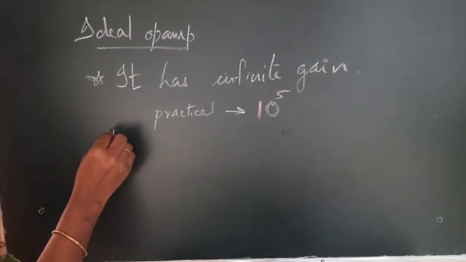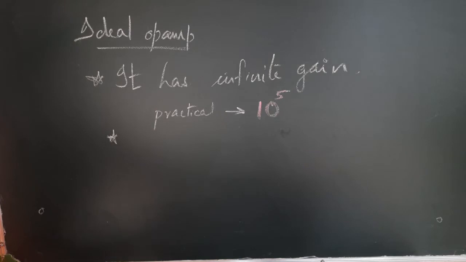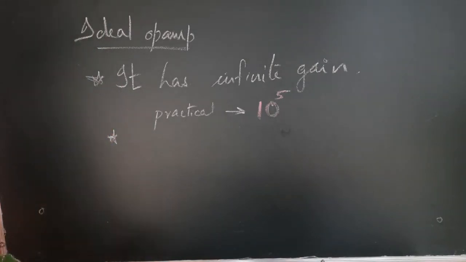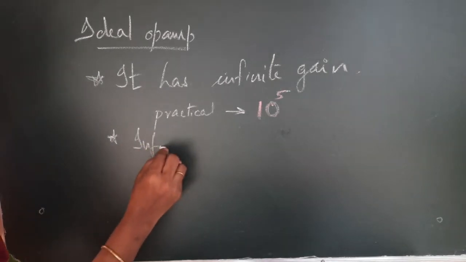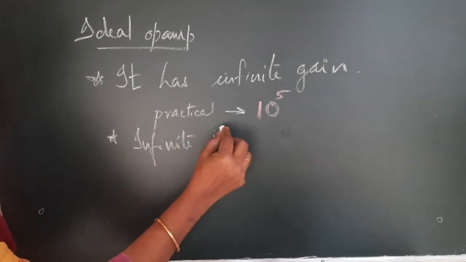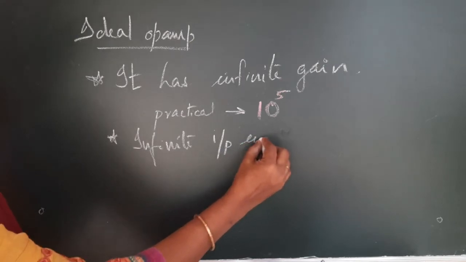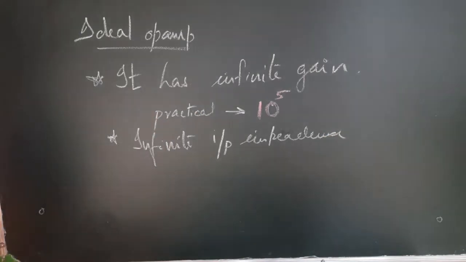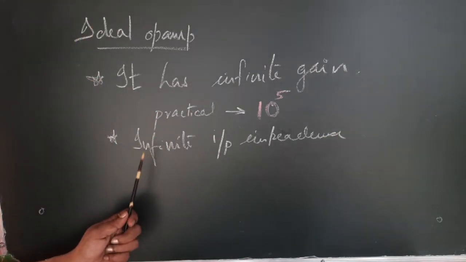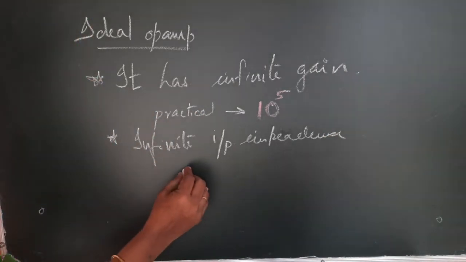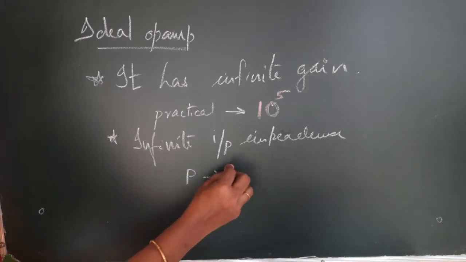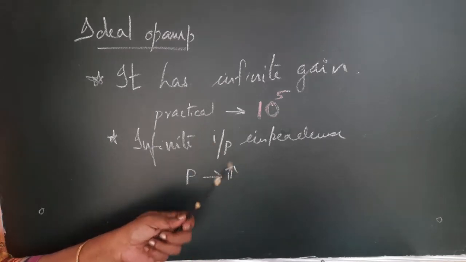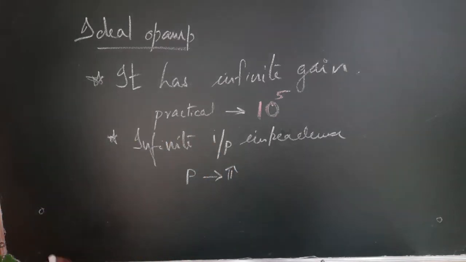Then, the next property that you would assign for an ideal op-amp is it has infinite input impedance. This is also ideally. So, practically speaking, you will have a very high input impedance of the order of kilo ohm or hundreds of kilo ohms, you can say like that.